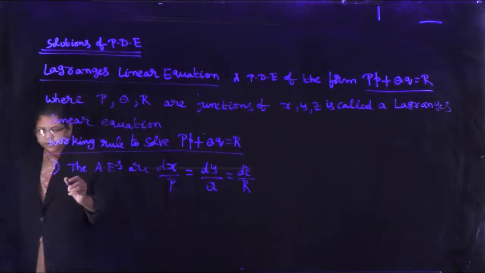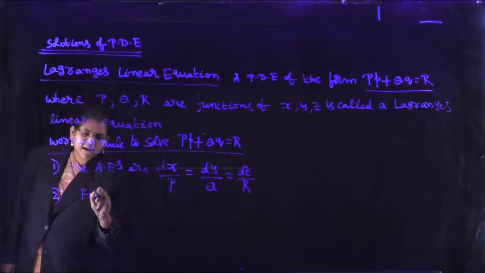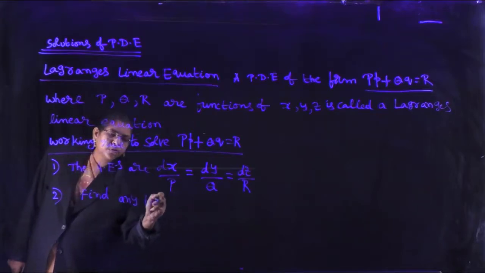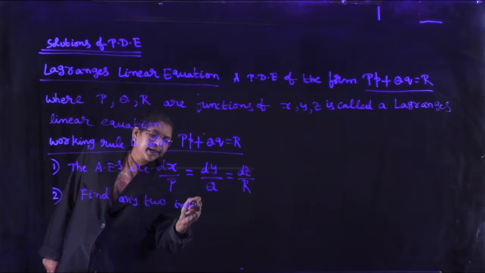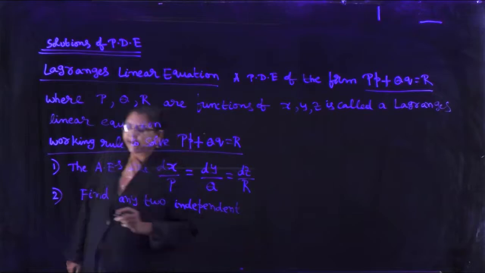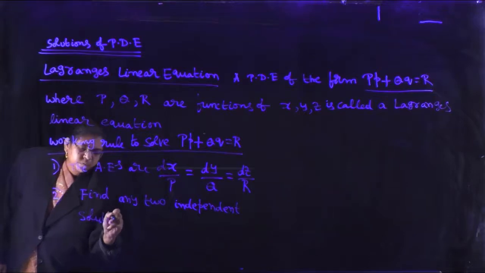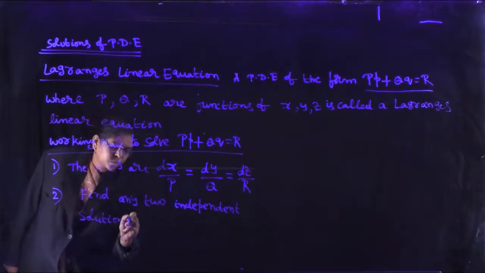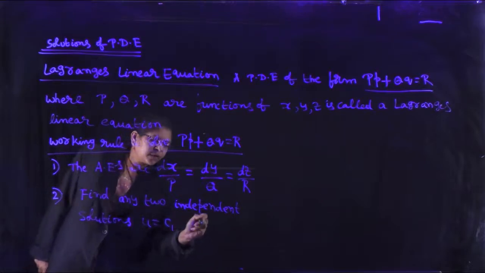Okay. Second point, find any two independent solutions, u equal to C1, v equal to C2.